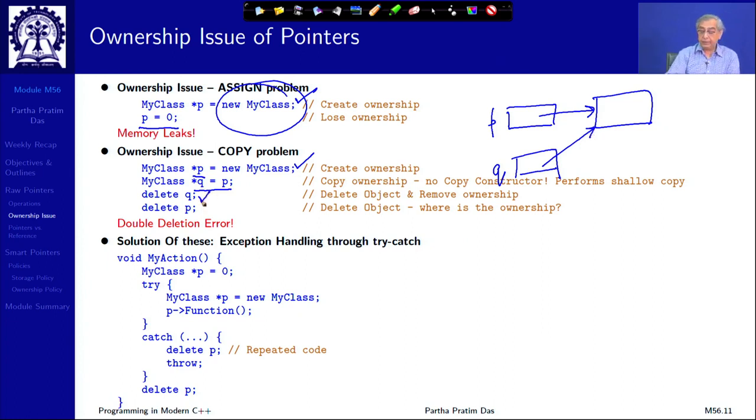Now, I delete Q. It means that I actually delete that allocated object. So, unknowingly, when I do delete P at a later point of time, the object is already not there. So, I get into a double deletion error, and it gets more complicated when I have them in the try catch kind of environment.